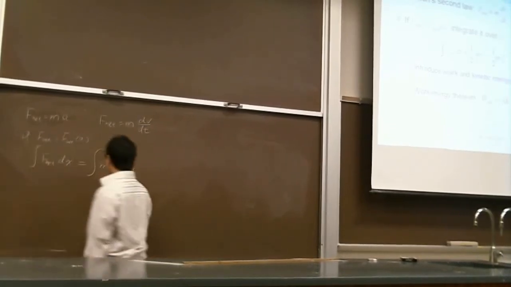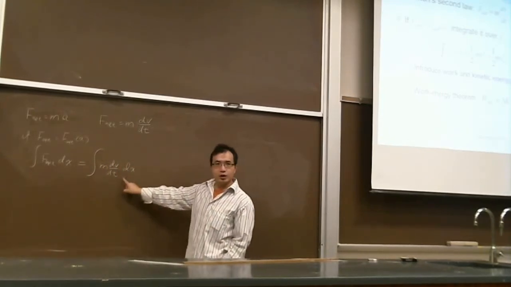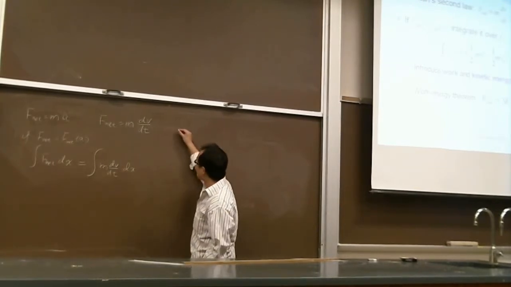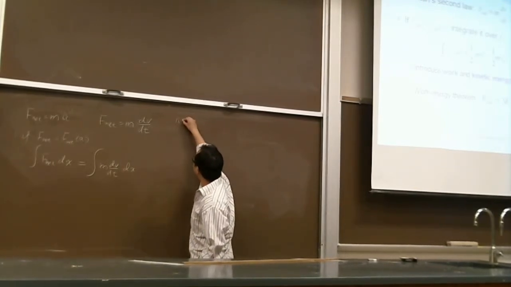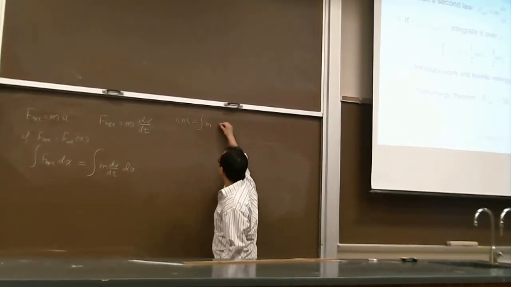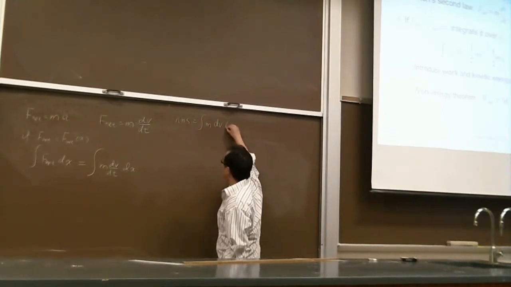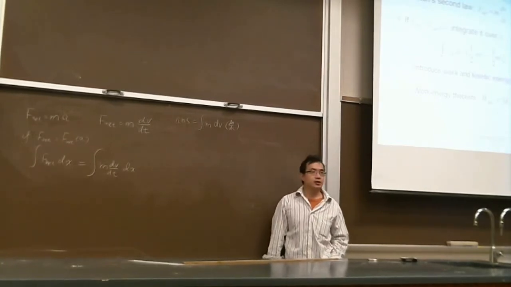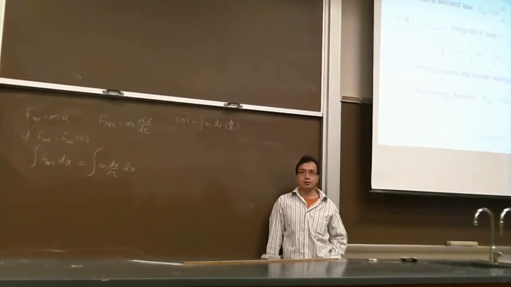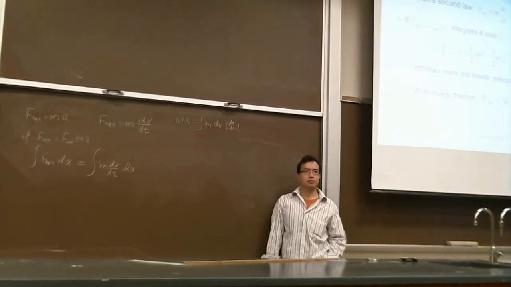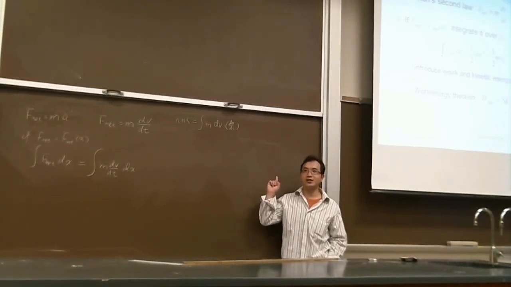Now, we need to do a manipulation trick with this one. Look here. If we rewrite the right-hand side, we can write this as m dv/dt dx. What is dx over dt? Velocity, right?